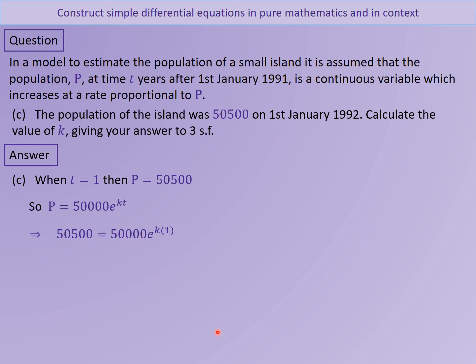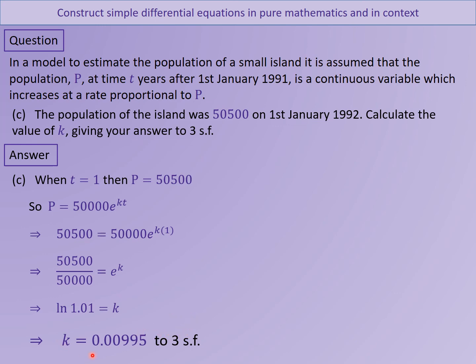The only thing I don't know is k. Once I've done that, e to the k is going to be 50,500 over 50,000. So my k value is ln of 101. Once I've got that, with the three significant figures, I've answered this question: what is the value of k to three significant figures?